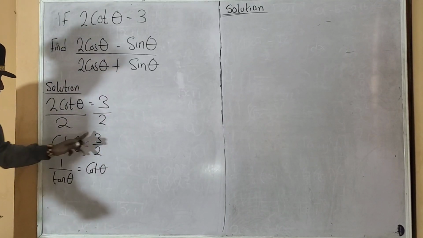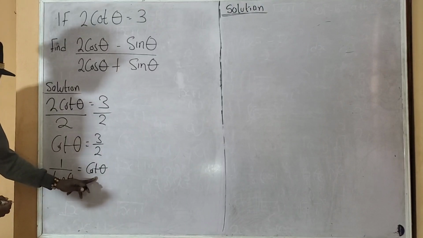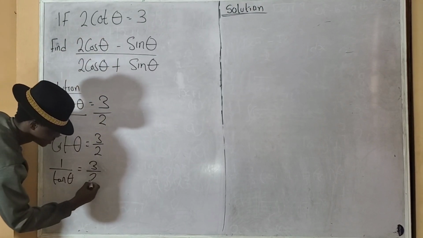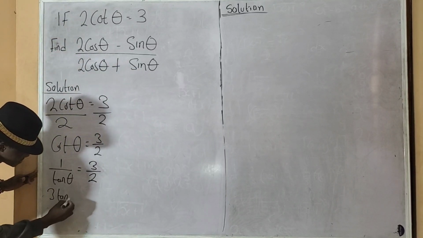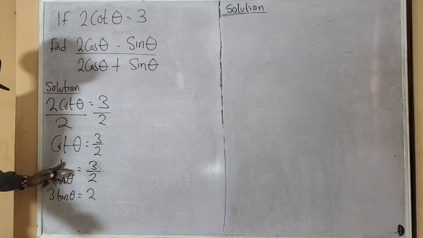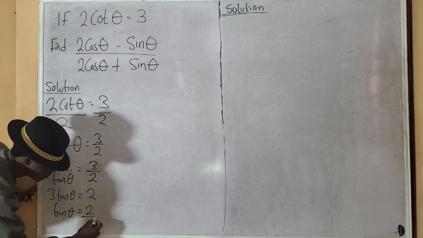Now cos theta is 3 over 2, so I'm going to replace cos theta as 3 over 2 in this place. Now take the cross product. I'm going to have 3 tan theta equals 2, because tan theta will multiply 3 and 2 will multiply 1. So tan theta is equal to 2 over 3.